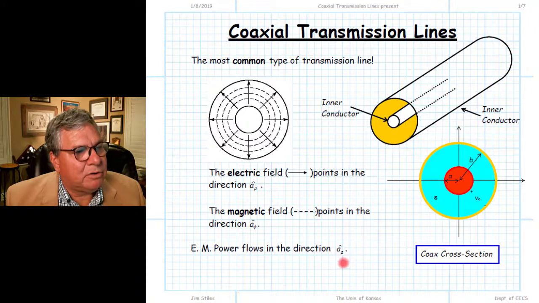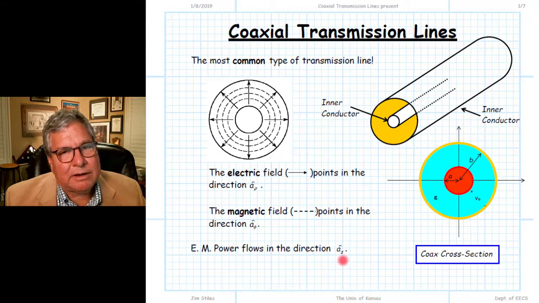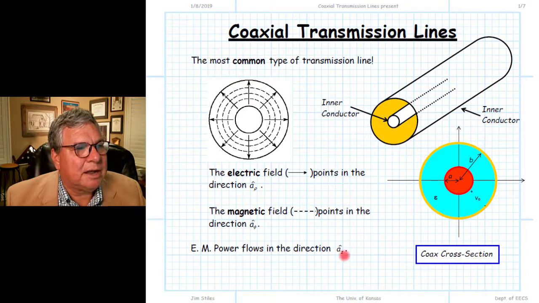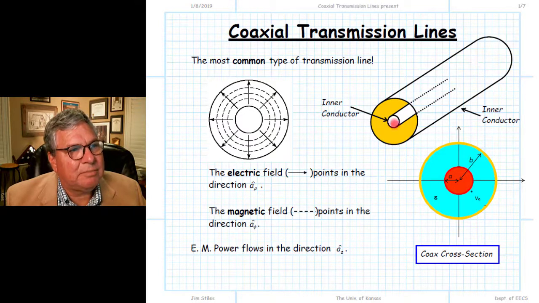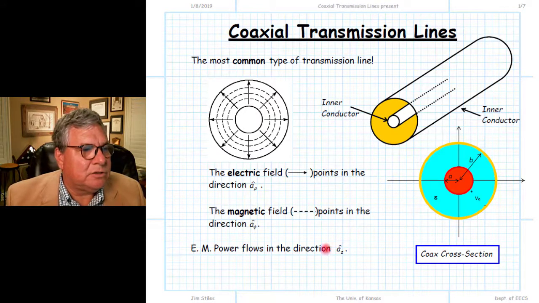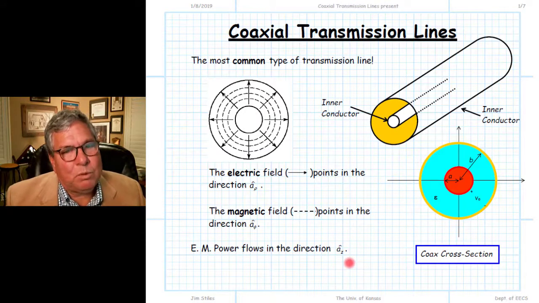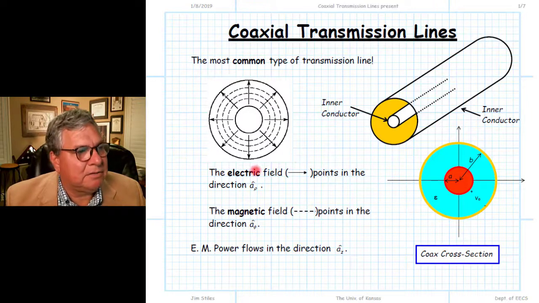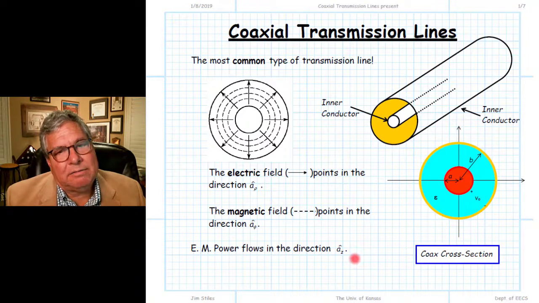The third unit vector of the cylindrical coordinate system is a sub z, and that describes the direction of increasing z, so that points down the line. Notice that the electric field and the magnetic field have no component in the direction of a sub z. It turns out the wave itself that is created, this electromagnetic wave consisting of electric field and magnetic field, actually propagates in the direction of a sub z.